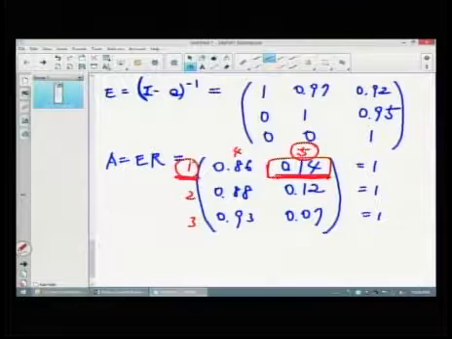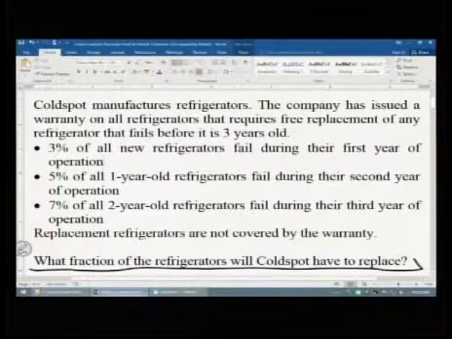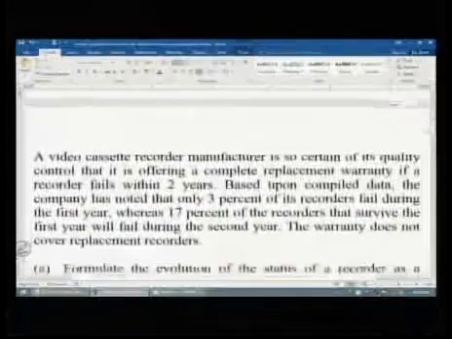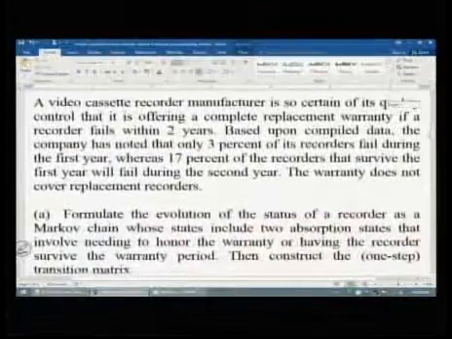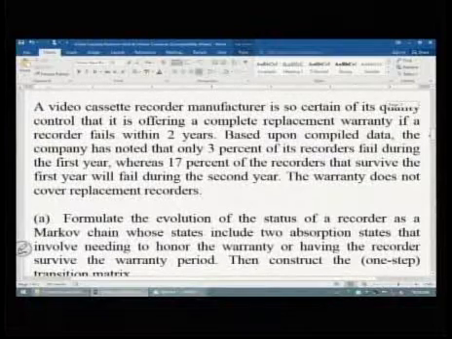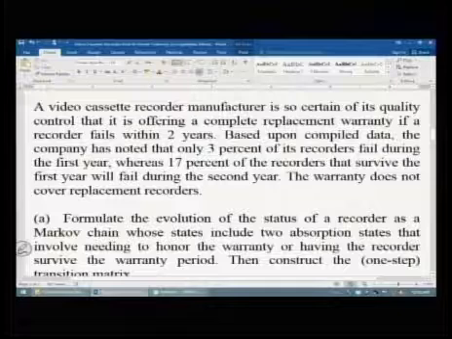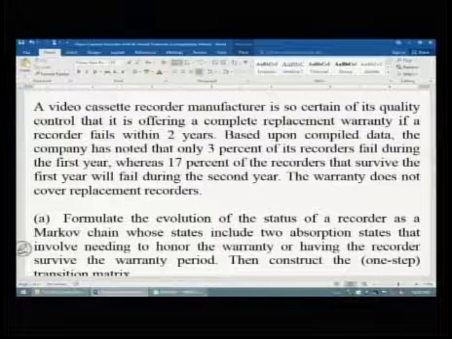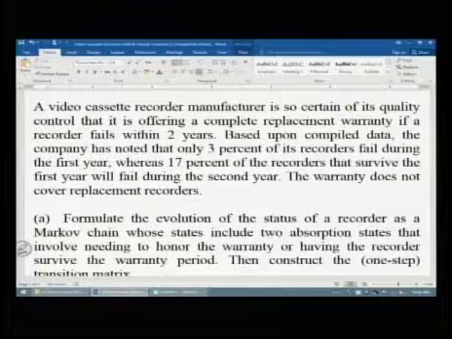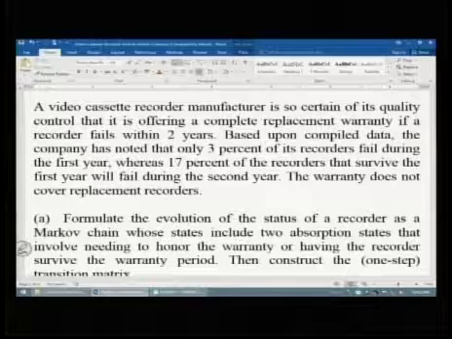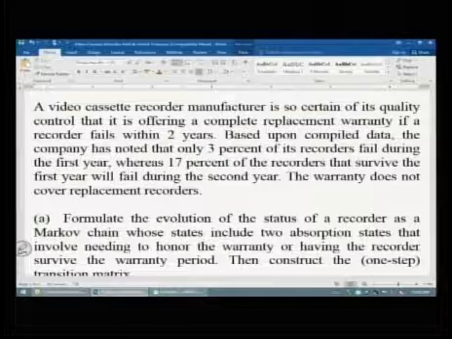Okay, now let's work on another example. Let me see. Yeah, let's work on this second example, the video cassette recorder example.